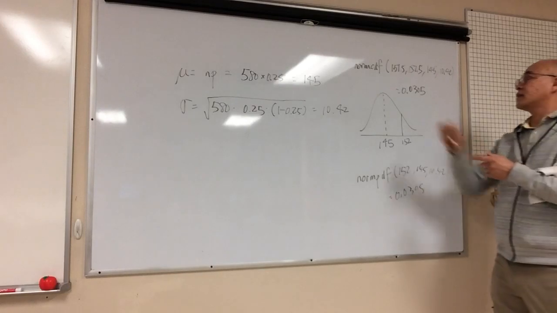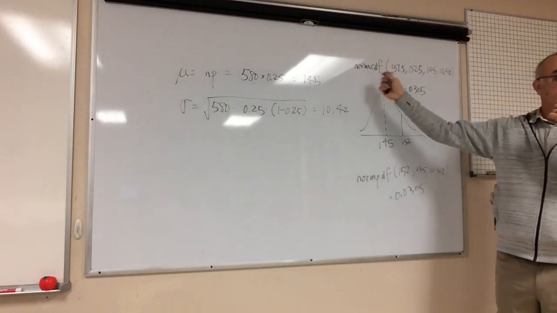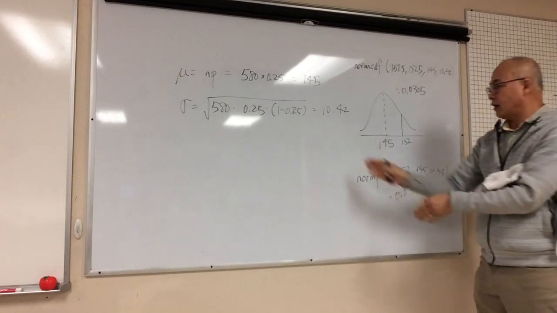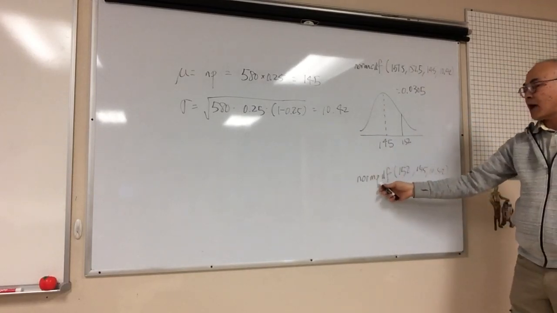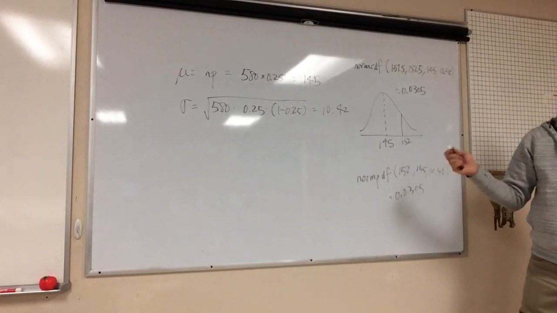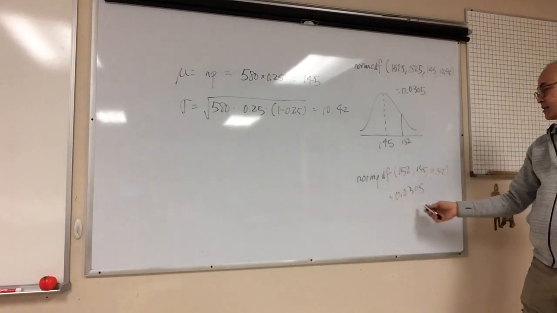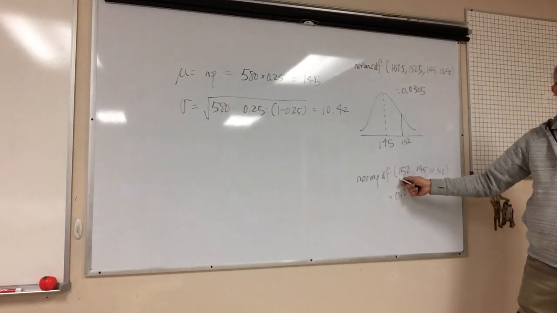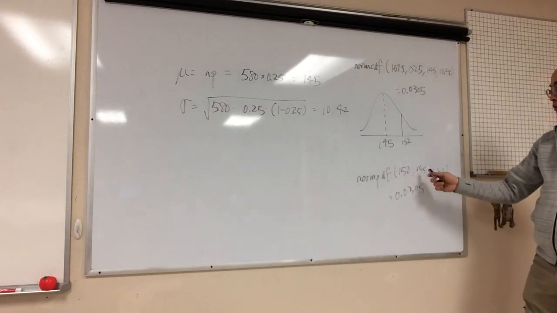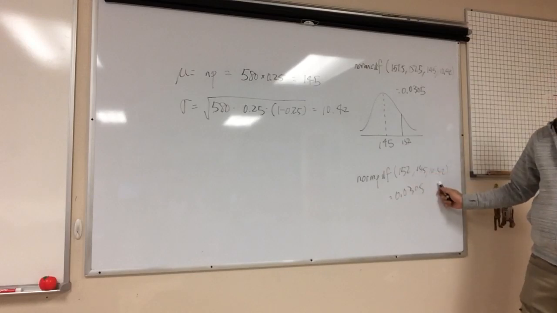Okay, unlike the CDF, which was cumulative, going from a certain point to a certain point, the PDF is the actual probability distribution function. It is that one single point, 152, calculated with a mu of 145 and a standard deviation of 10.42.